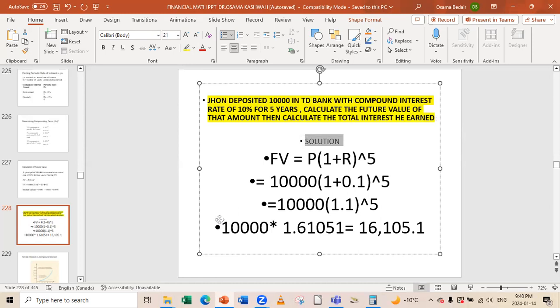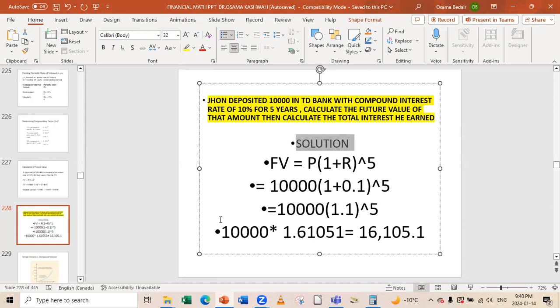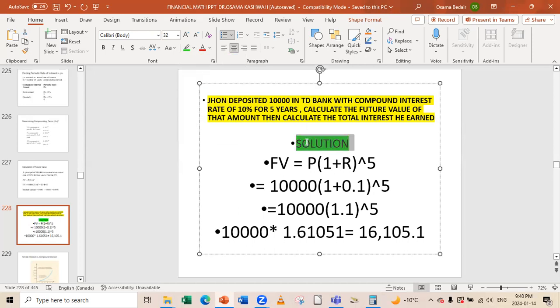What will be done in the fractions? Same idea, the same ideas are always the same. This is the solution. Put it in green color. Then we'll also make it bold so everyone can see it properly.